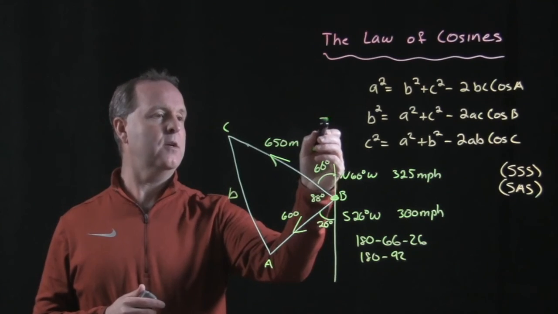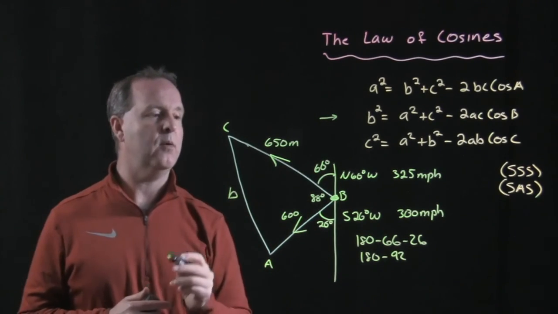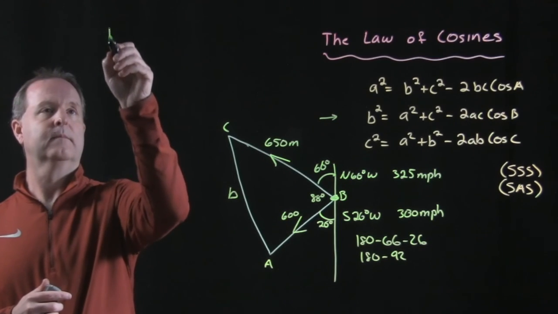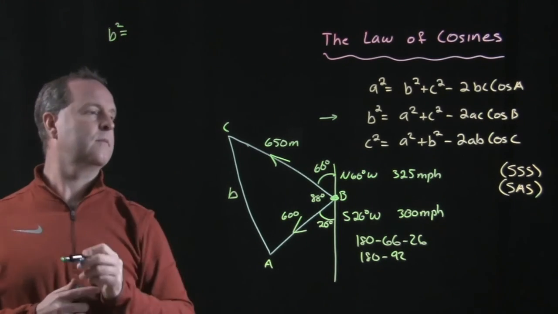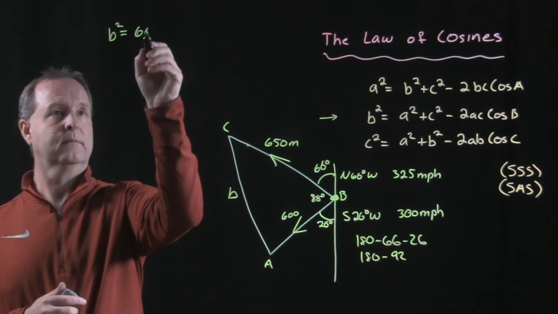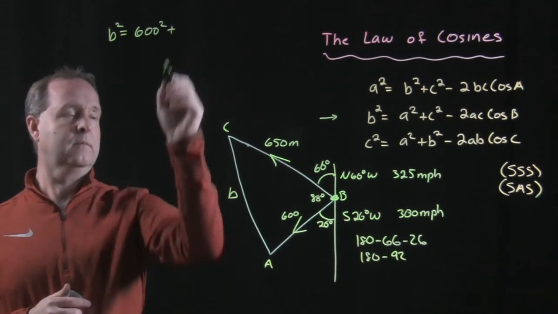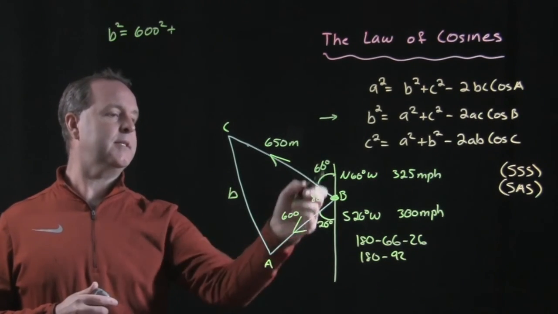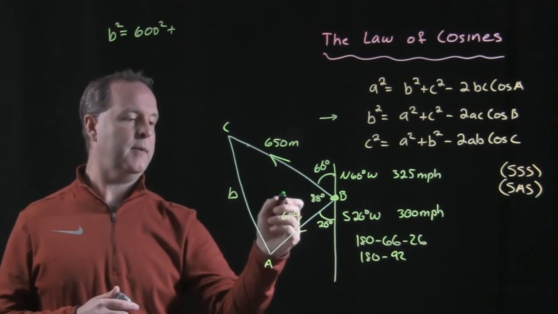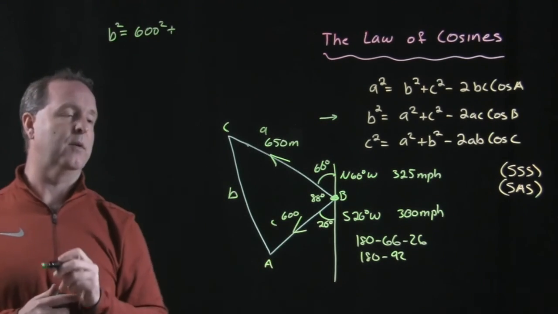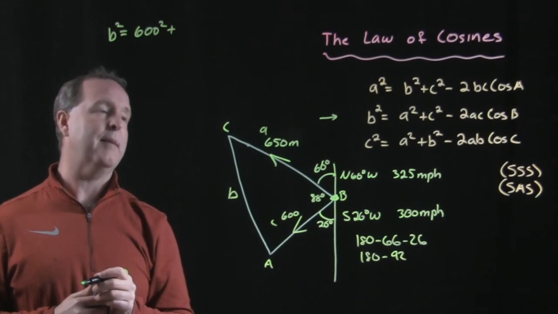And so it looks like I can use the law of cosines right there, which says B squared equals A squared plus C squared. Here, let me write, this is A up here. This is C down there. I have those backwards. So 600 squared, that's really my C squared.